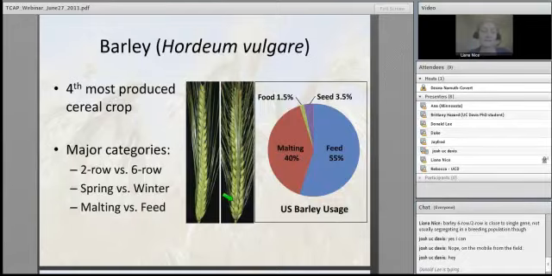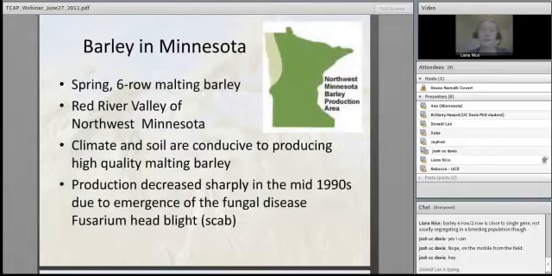Spring versus winter is a pretty obvious distinction, as well as malting versus feed. So feed tends to be higher protein, and malting has a lot of specific characteristics that are beneficial for the malting process. And in the U.S., feed is actually the largest usage, malting second, and then food and seed production is much smaller.